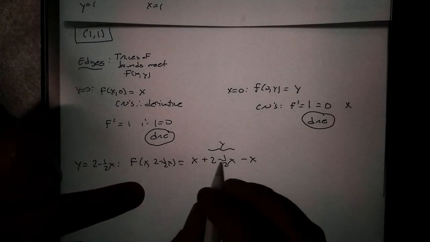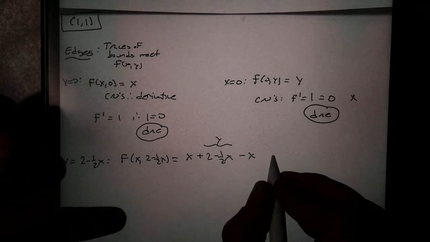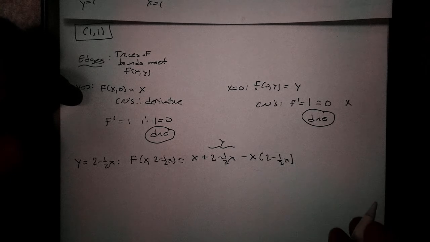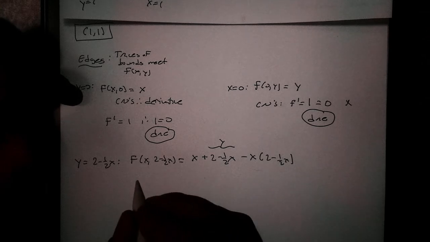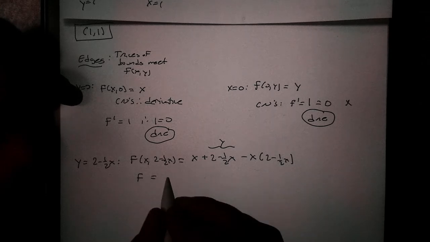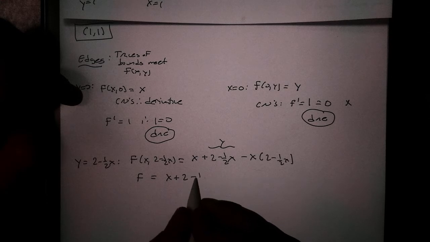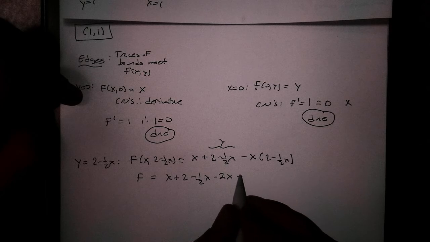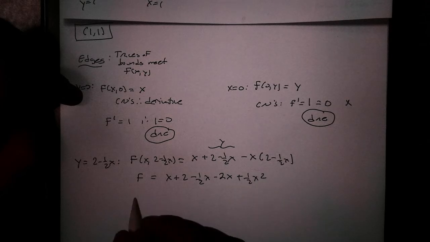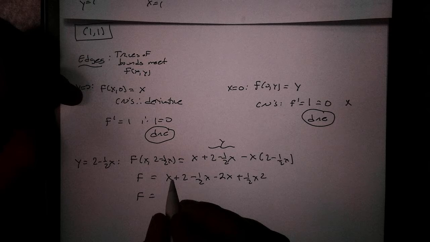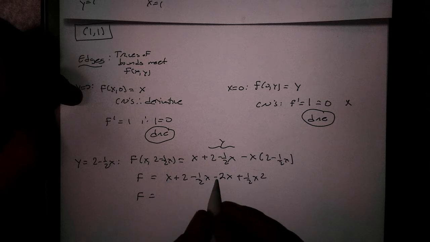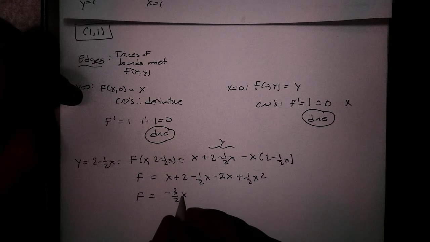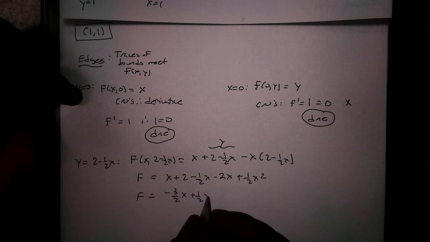So I'm going to multiply this by my y value, which is this, of course, 2 minus 1/2 x. If I simplify this, we're going to get x plus 2 minus 1/2 x minus 2x plus 1/2 x squared. Keep simplifying. That becomes negative 1 minus a half, so negative 3/2 x plus 1/2 x squared.